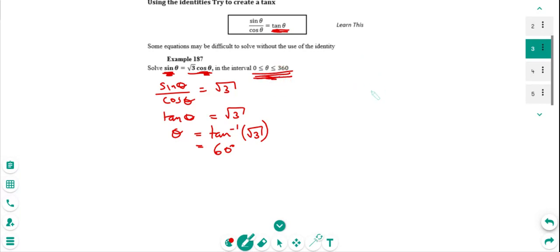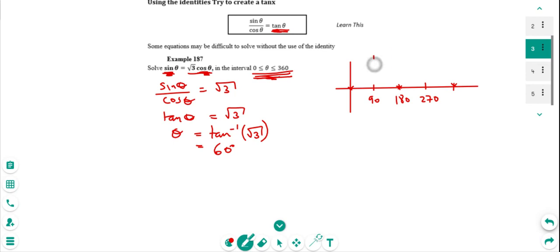So for that, we want to draw a tan graph. So here we go. A tan graph has got asymptotes at 90, also 270, and it will go through 0 and 180 and 360.